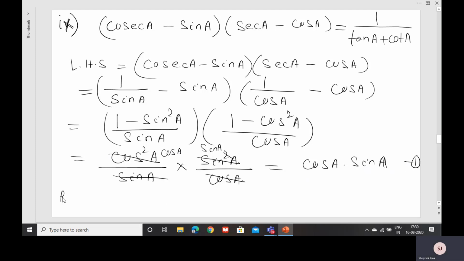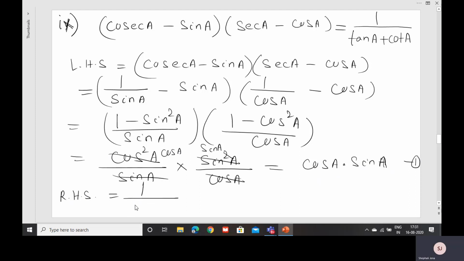Then you start from RHS. Sometimes both will not come. So from cos A into sin A we are not getting how to reach 1 divided by tan A plus cot A. So we go from RHS and check whether cos A into sin A is coming or not.